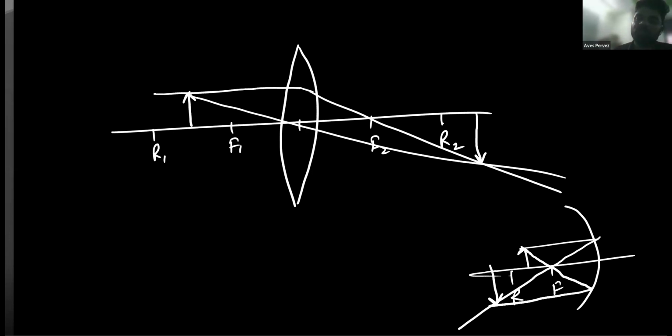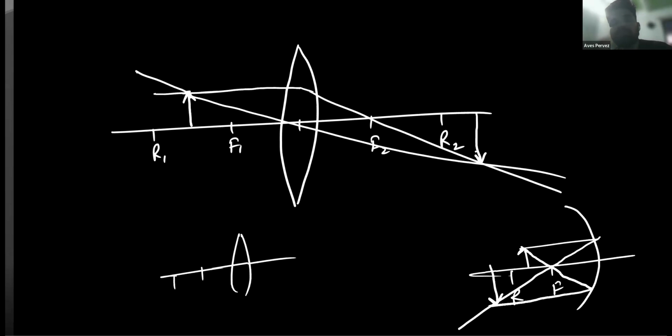You need to keep in mind that both the rays should pass through the top of the object. You cannot make the ray pass above the object or between the object. You have to pass both the rays from the top of the object. One is parallel; if it is parallel, then it will pass through focus. The other ray passes through the optical center. Where they intersect each other, the image will be formed. So here you can see that the image is formed.